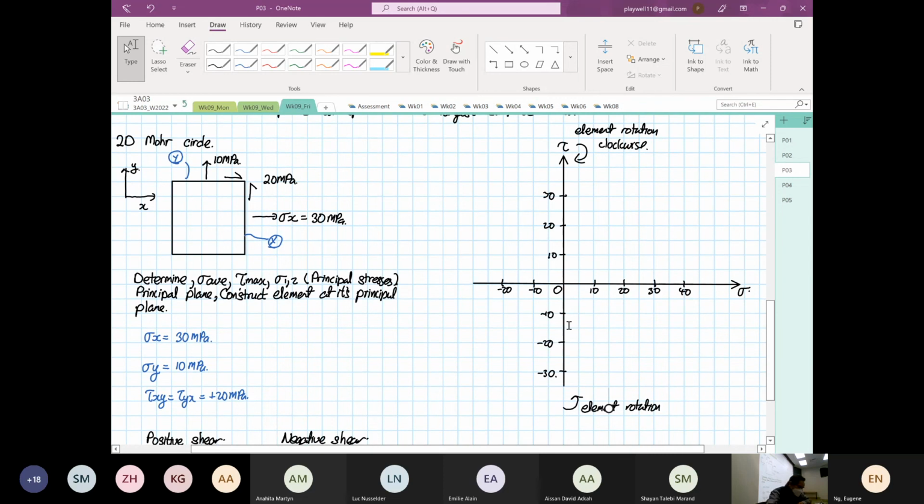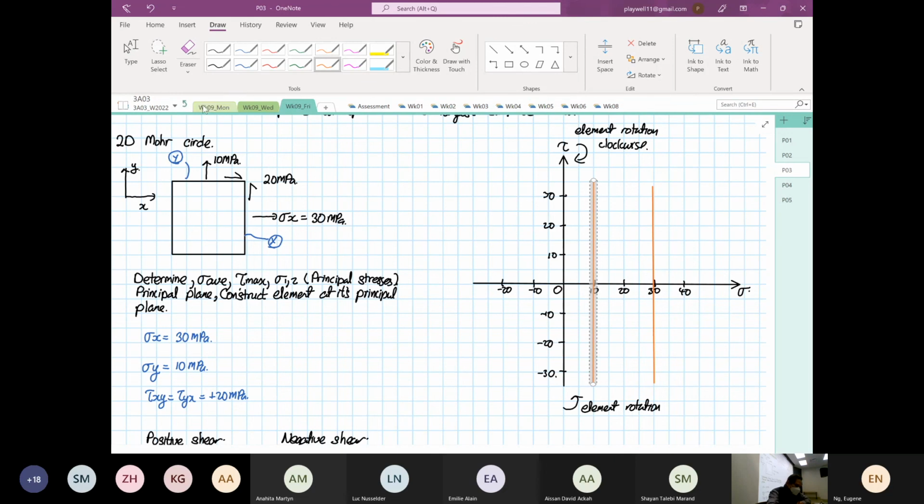So we know that we have a normal stress of positive 30, so we draw on the 30 line. And then we know we have a 10. And then we know that our shear is 20.